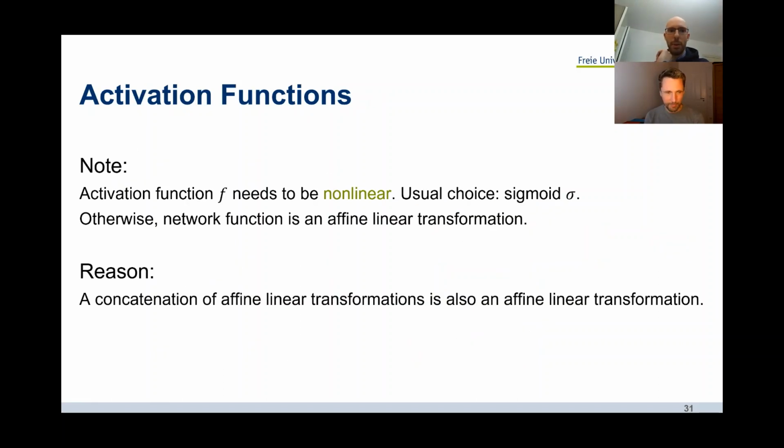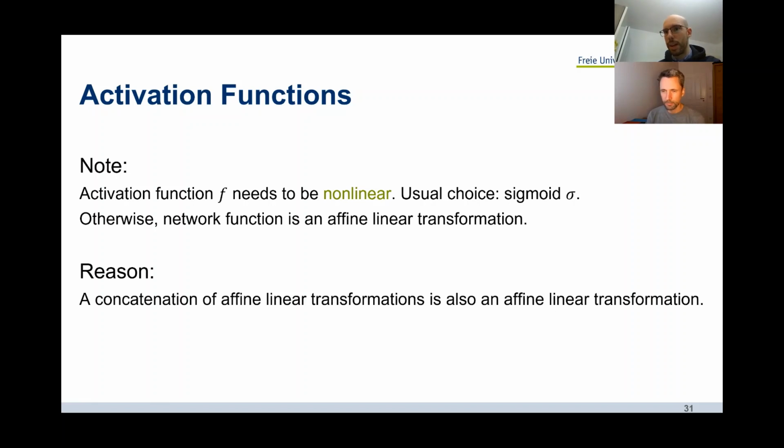Okay, so as we already talked about just a minute ago, you don't have to use the Heaviside step function for your network. There are other functions that you could use.